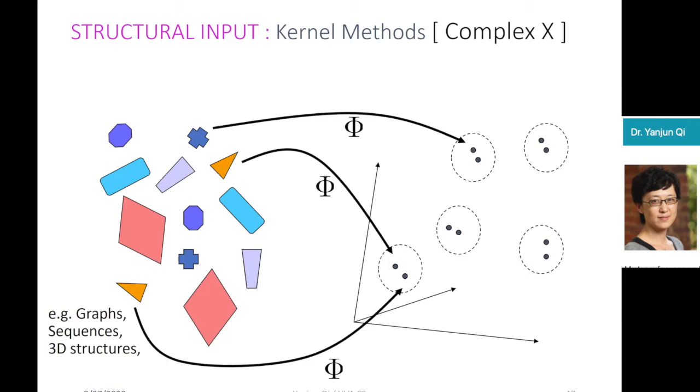When you have discrete or very complex X inputs, with different shapes, graphs, sequences, or 3D structures, how do you represent them in a computer? The fundamental philosophy behind the kernel method is similarity. We're going to have a short section to cover this because it's really classic.